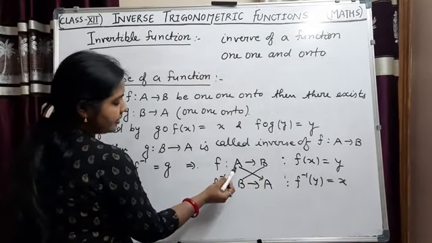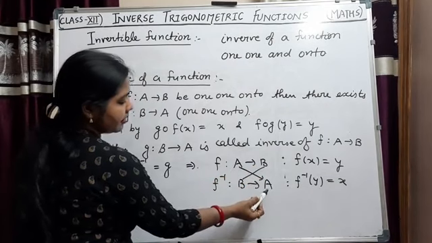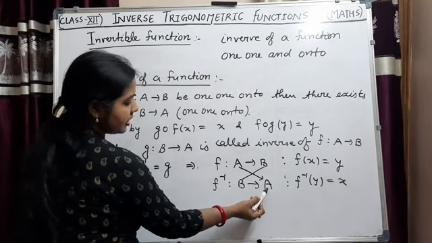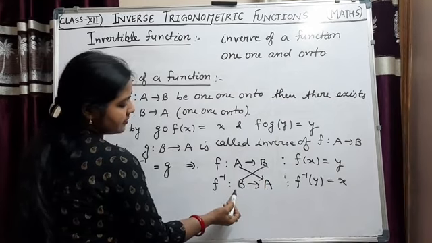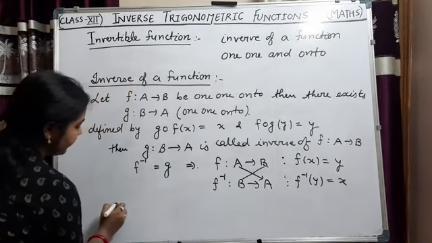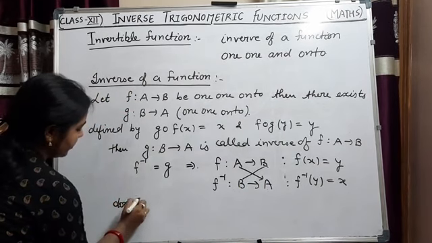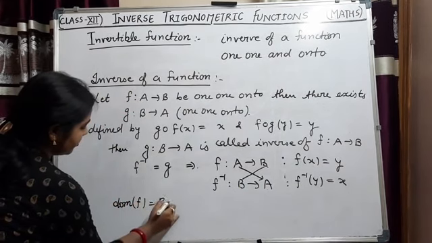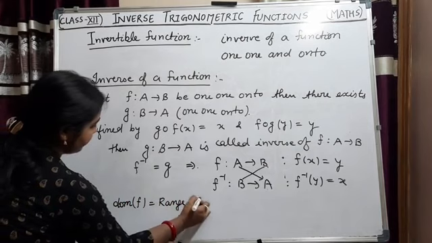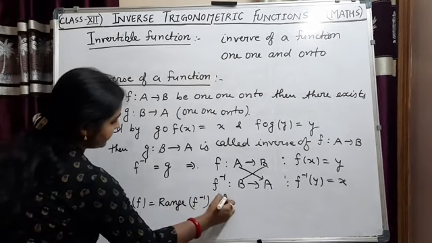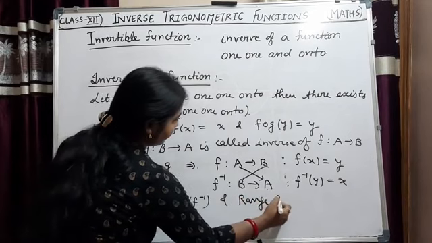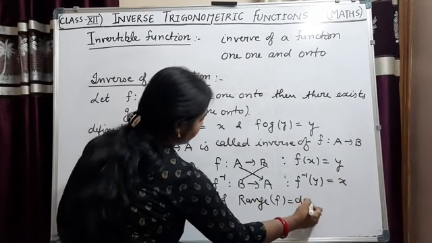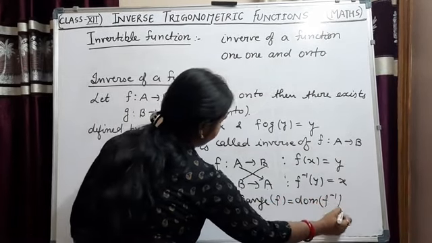The domain of the general function will be the range of the inverse function, and the range of the general function will be the domain of the inverse function. So we can write here domain of f equals range of f inverse, and range of f equals domain of f inverse.